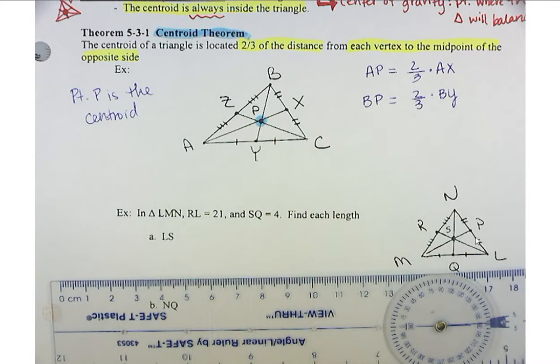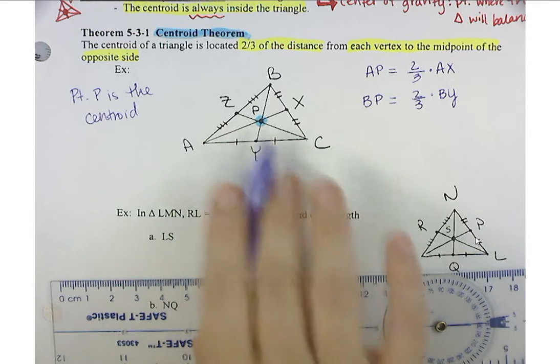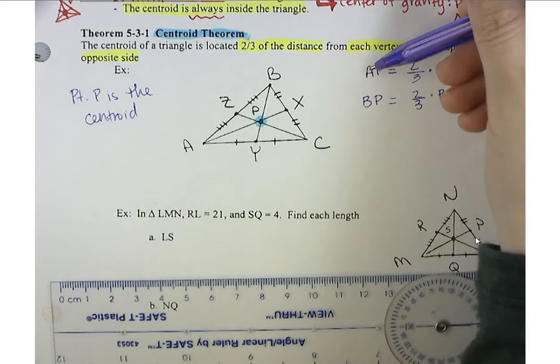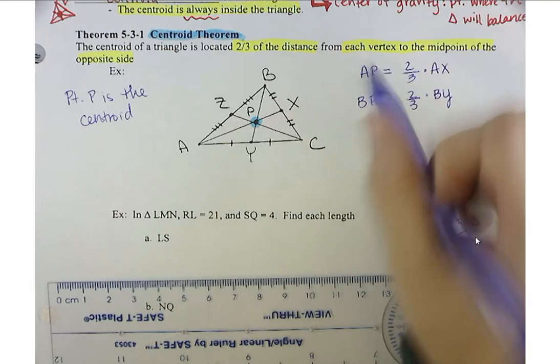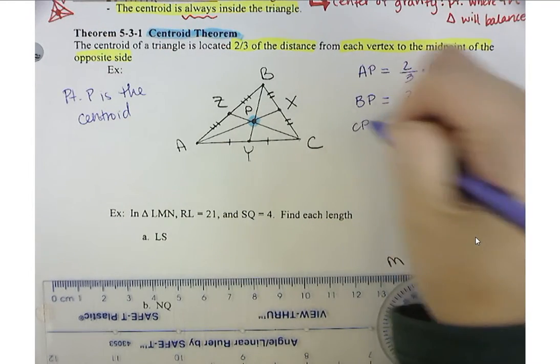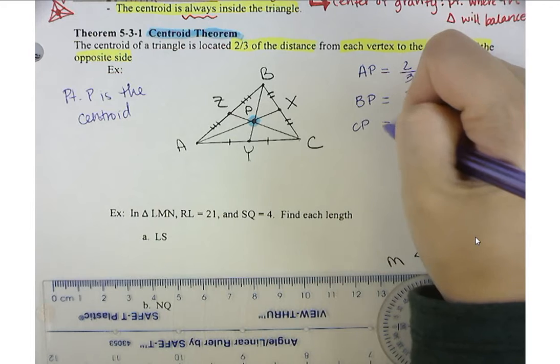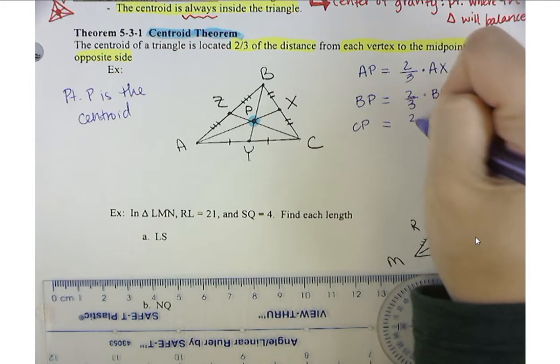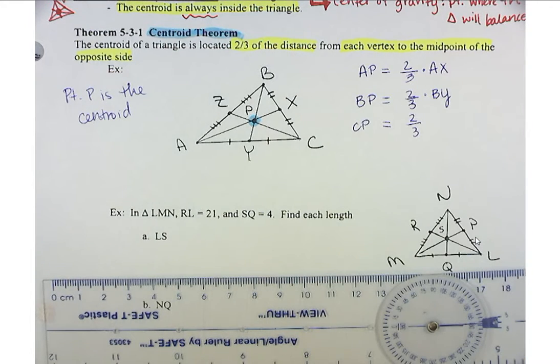Okay, what do we think the last one is? So we're going to start with CP, right? So vertex to the centroid. See how all of these are vertex to the centroid? So vertex to the centroid is going to be 2/3 of CZ.